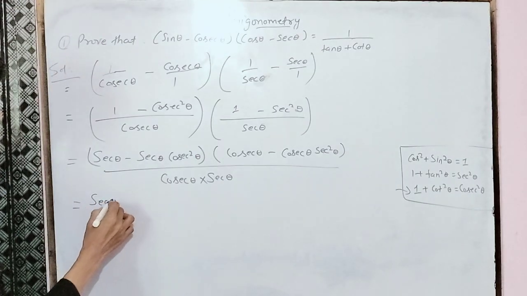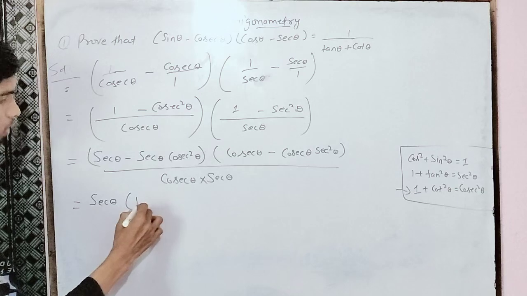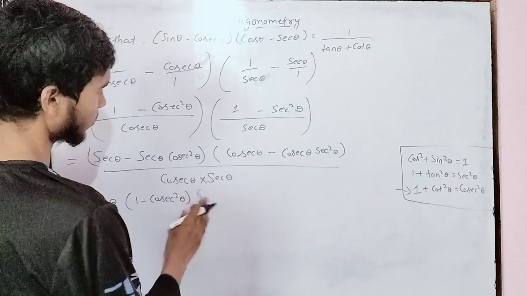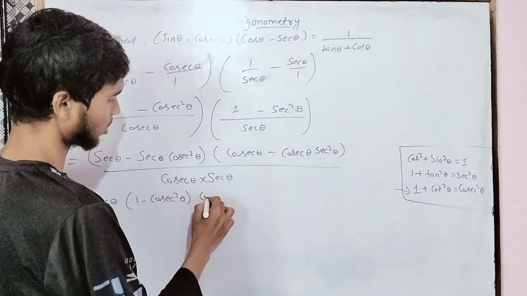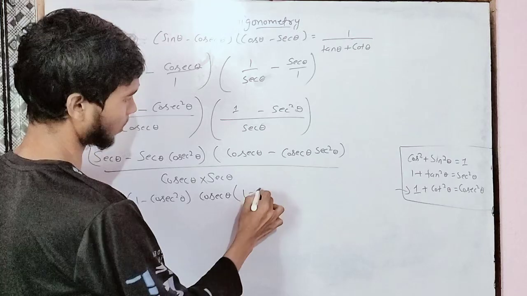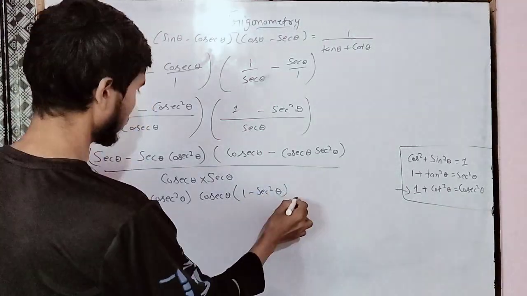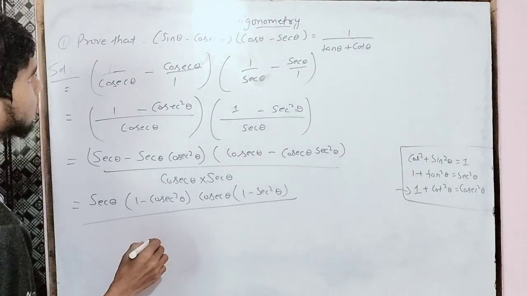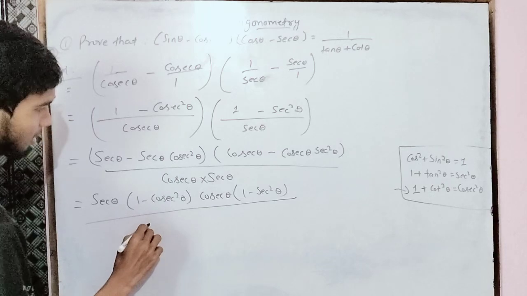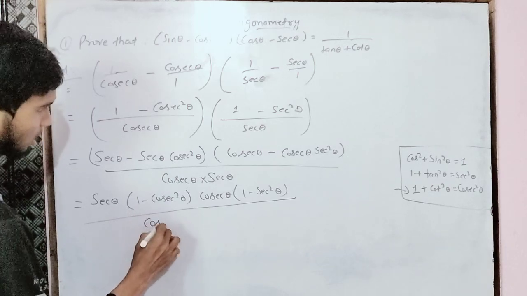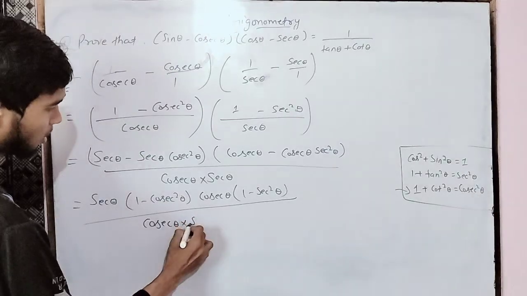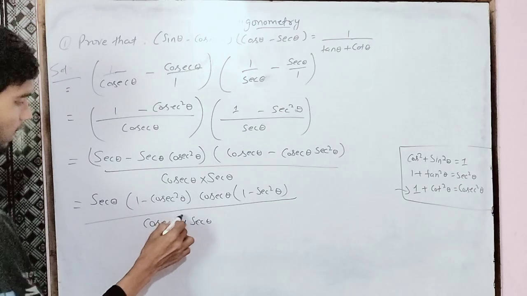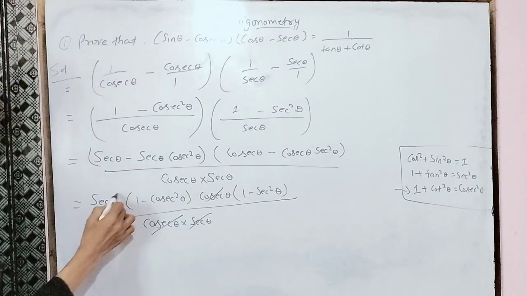So sec theta can be taken as common. Now we have 1 minus cosec square theta. Similarly here, cosec theta, 1 minus sec square theta, upon what will happen? Cosec theta into sec theta. One thing you can do, it will cut this and it will cut this.